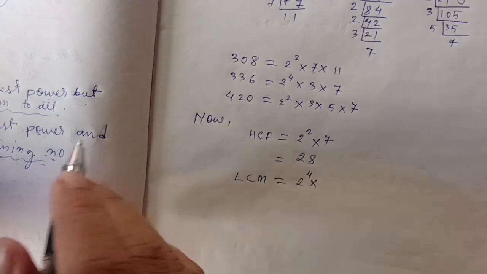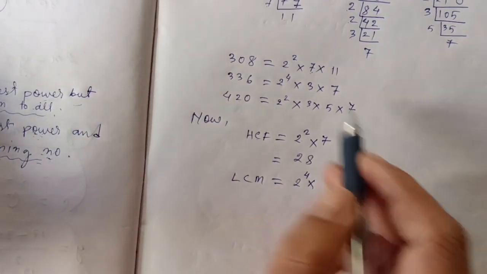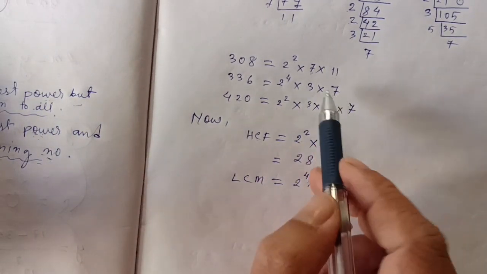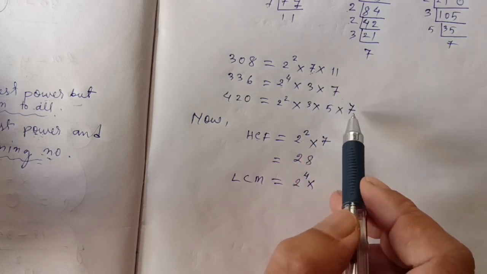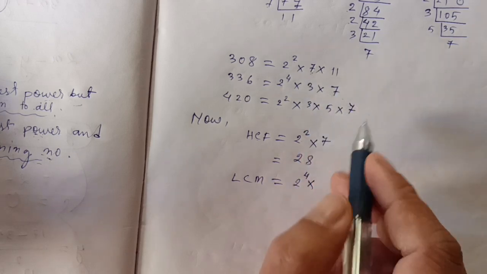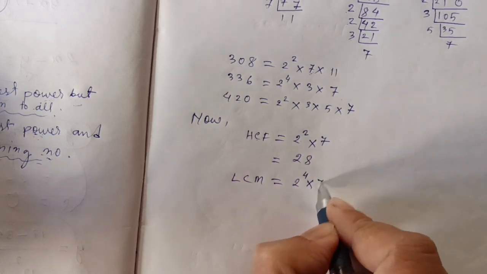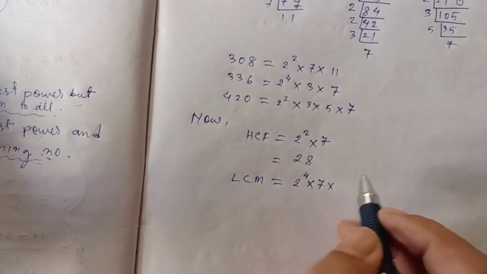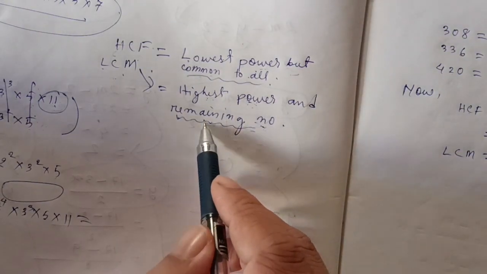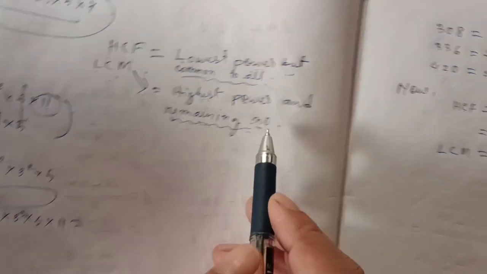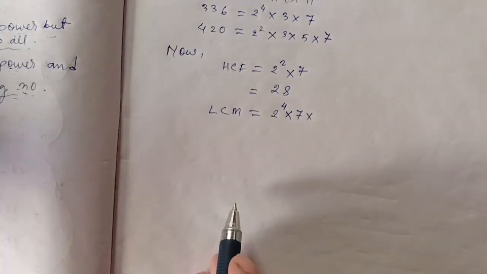Okay, and then next, do you have any other number? Then we have 7. We have 7 here, 7 here, 7 here. So the powers are all the same. For this there is no problem, we write 7. After we write the highest power, we should also write the remaining numbers.